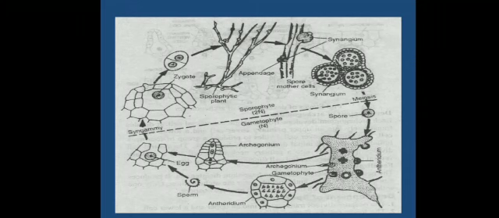From the zygote you can see the formation of the plant body. So sporophytic generation alternates with the gametophytic generation. Sporophytic generation is diploid in nature and gametophytic generation is haploid in nature. Sporophyte is the dominant plant body which alternates with the gametophytic generation.